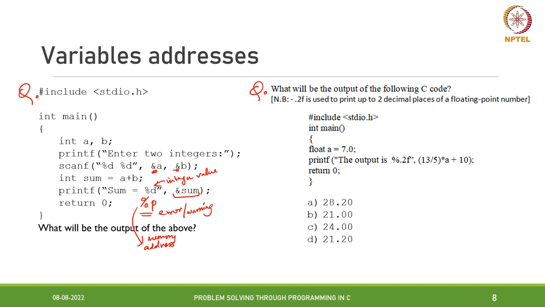So I needed to use percentage p if I wanted to print the address. Like I said, percentage d is a format specifier for integer values. Percentage p is a format specifier for addresses, memory addresses.